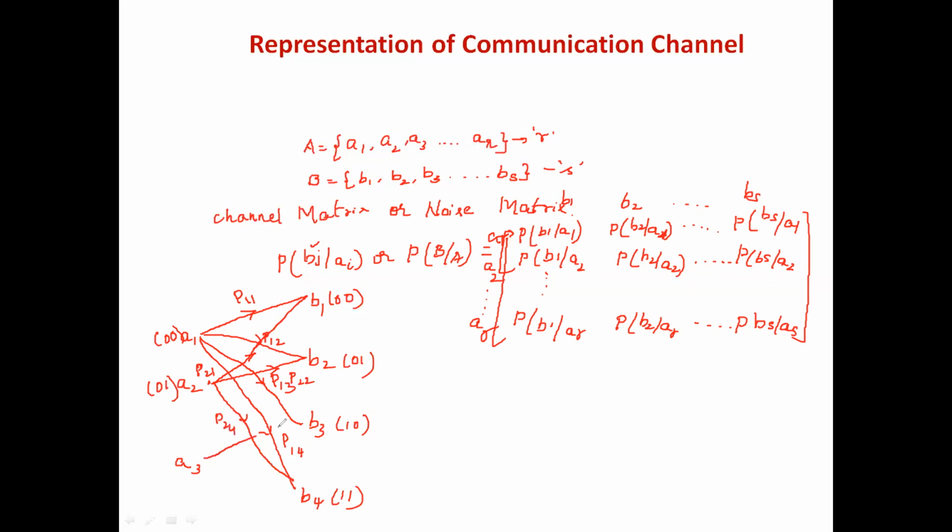If A3 is transmitted, let me take A3 as 10. The probability of receiving B3 is P3,3, and if I receive B4, it is P3,4.